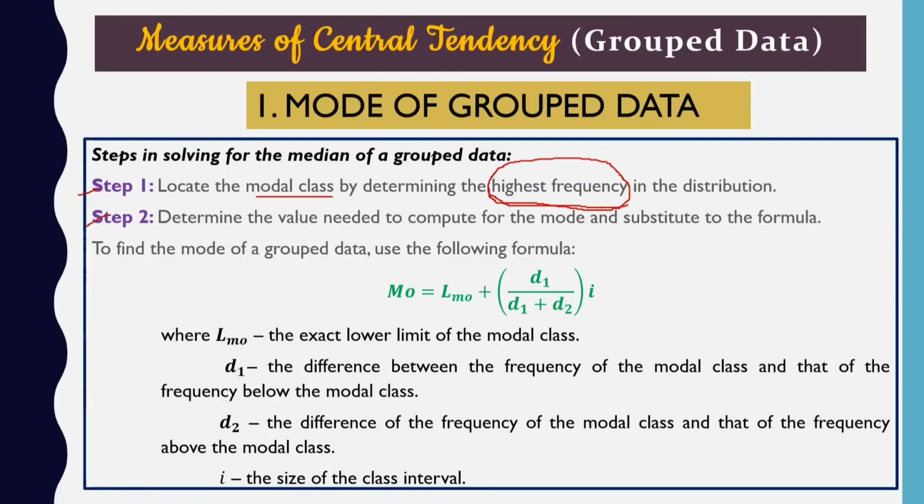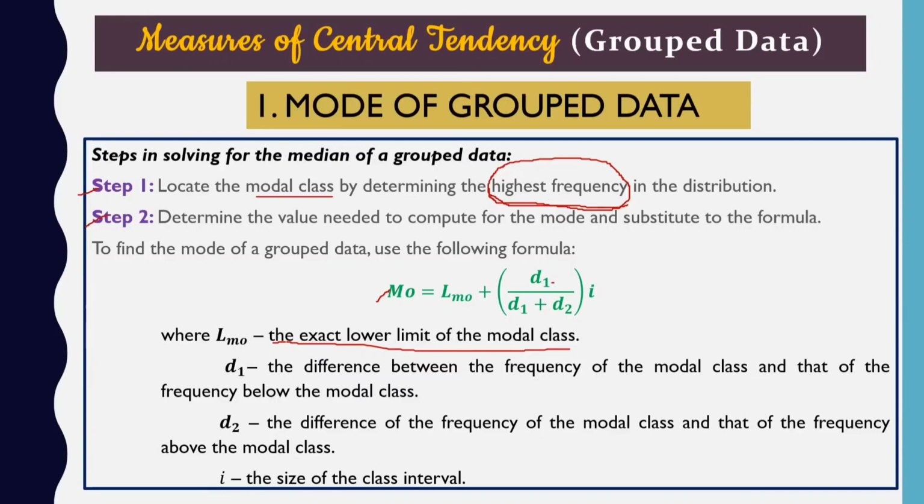And then for step 2, we determine the values needed to compute for the mode and substitute them to the formula. Here is our formula. So we have mode is equal to L sub MO, which is the symbol or notation for the exact lower limit of the modal class, plus the quantity d sub 1.